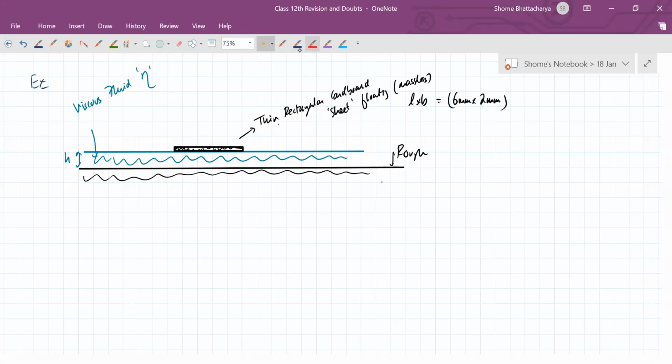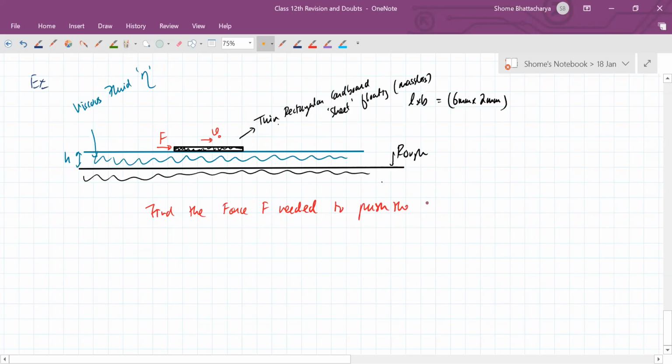Now what we want to do is push it with some force such that it moves forward at a constant velocity v0. So find the force F needed to push the cardboard sheet at a uniform speed of v0 equal to, let's say, 5 meters per second. I'll just give you the value of the coefficient of viscosity also.